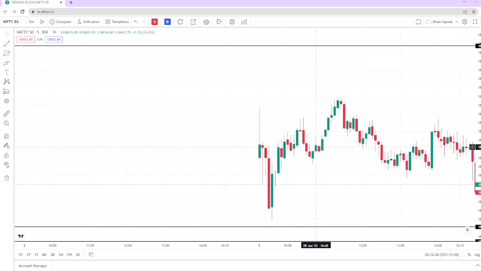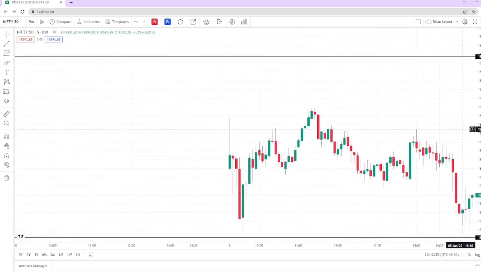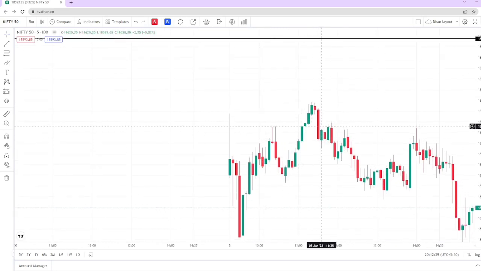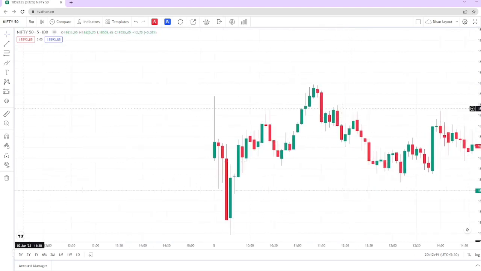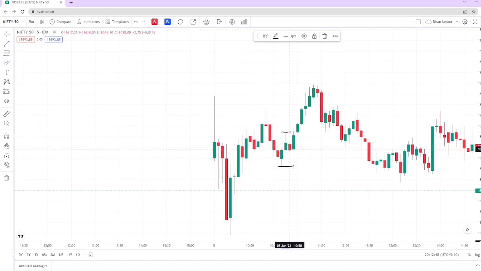So traders, we see that the market gave a big move on the upside, just breaking the day high of today in Nifty. We see some interesting price action here. Before going to this, let me just mark these levels.